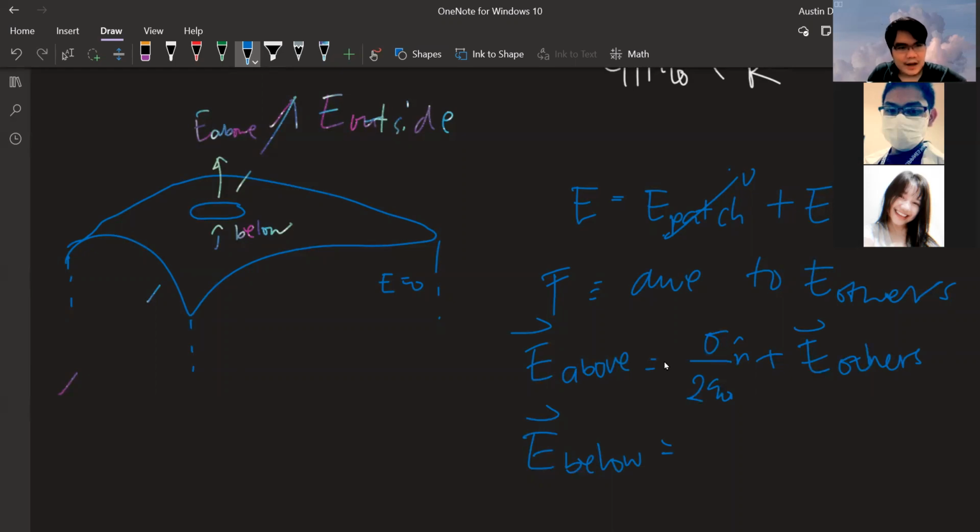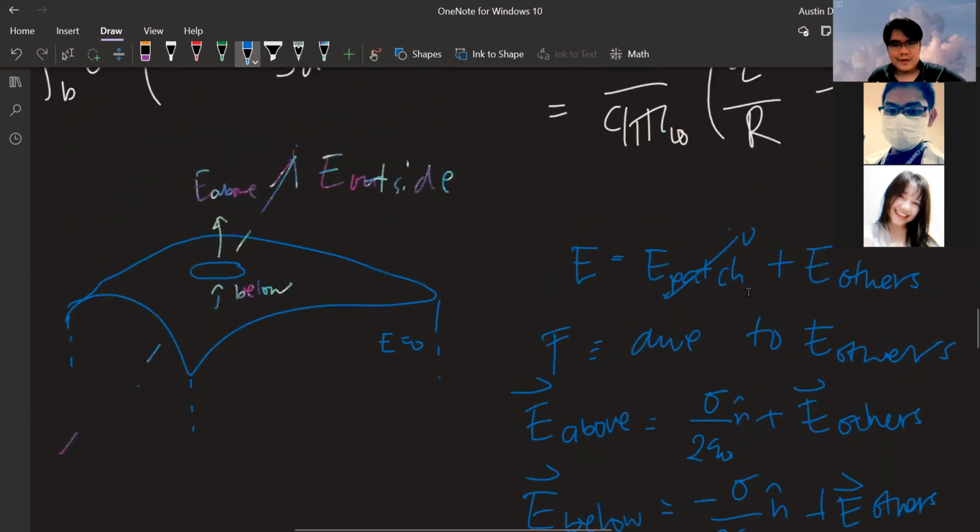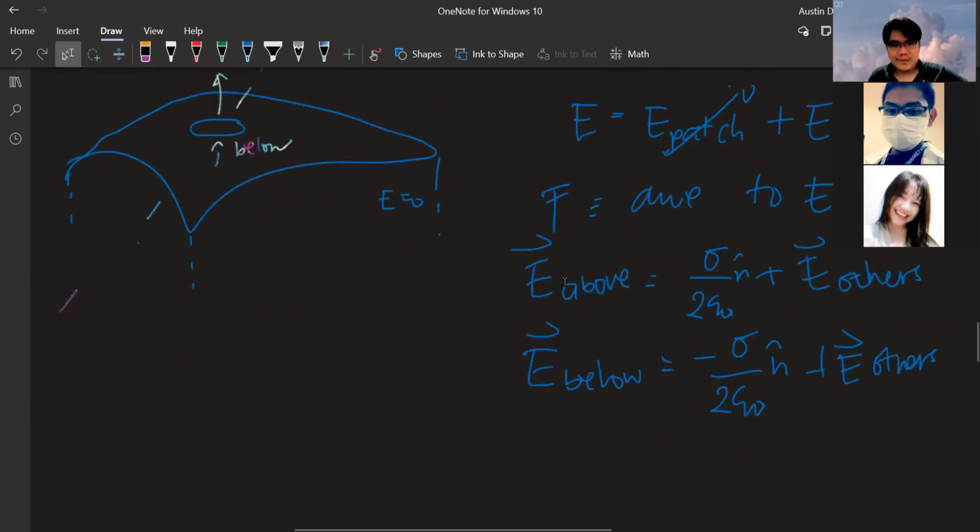Sa below mo, dahil nakatutok pababa yung mga field dyan dahil sa surface, makapansin natin na negative ito, n hat. Dahil yung E below mo is pataas, negative. Plus again, E others, dahil outside naman ito. Okay? So idadagdag ko pa rin yung mga things na ito. Mapapansin mo, nababalik tayo dun sa equation na to pag inadd natin itong dalawa.